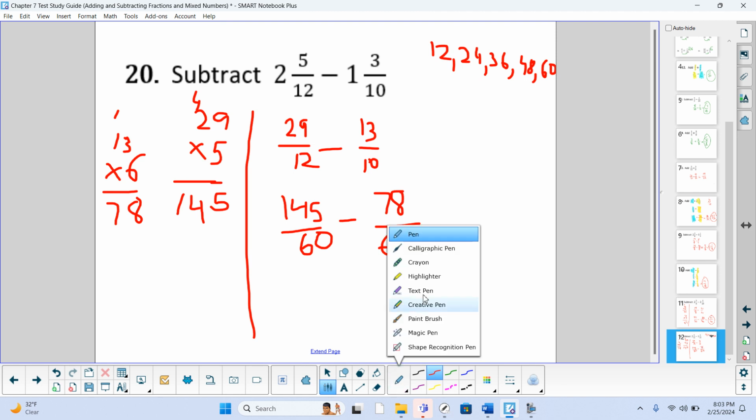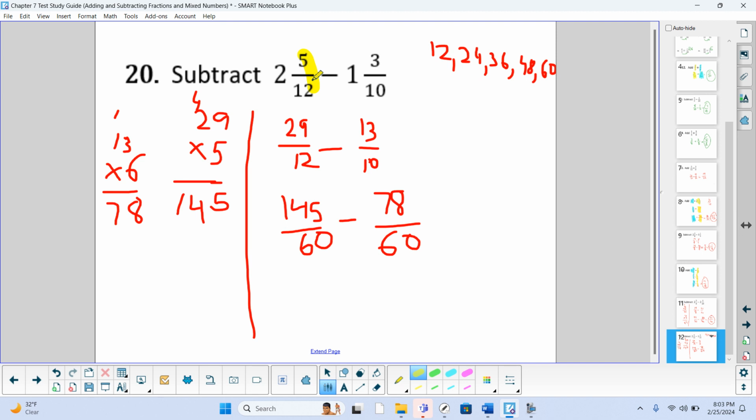All right. My little reminder: 2 5/12 is equal to 29 over 12, which is equal to 145 over 60. 1 3/10 is equal to 13 over 10, which is equal to 78 over 60.